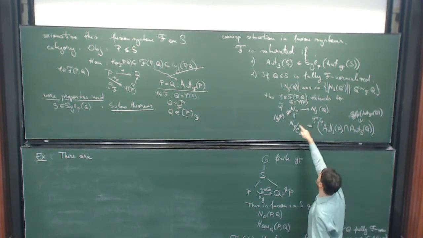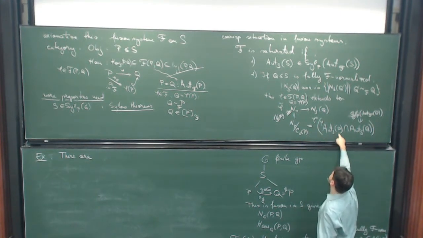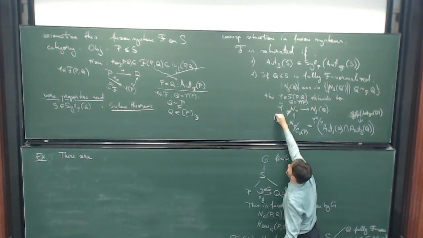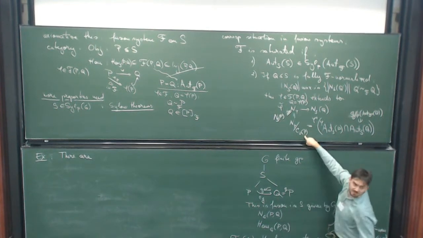You will get back inside the automorphisms in S of P, and you take the full preimage with respect to the quotient by the normalizer.